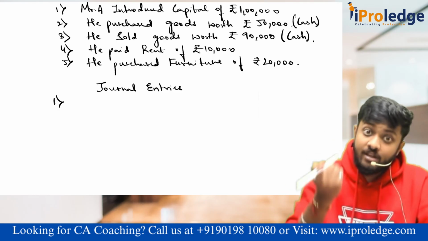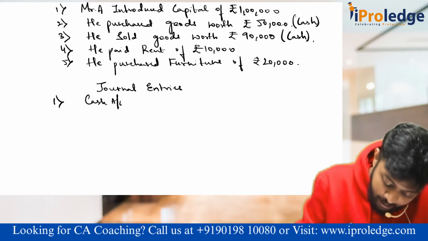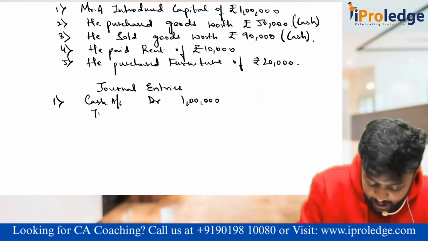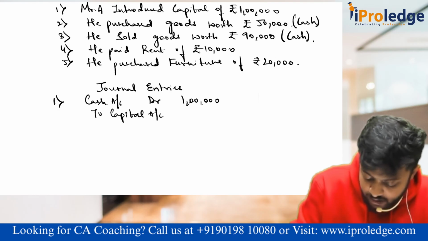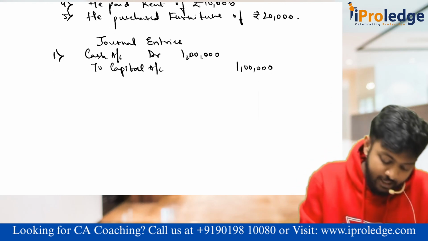Cash is an asset, increasing, debit. So cash account debit 1 lakh rupees. Capital increasing, credit 1 lakh rupees. Done, guys.